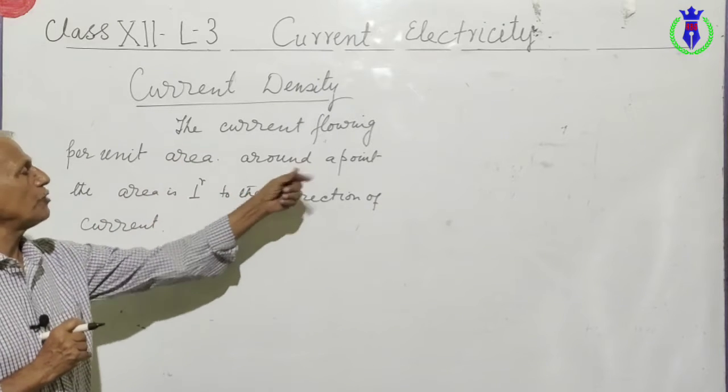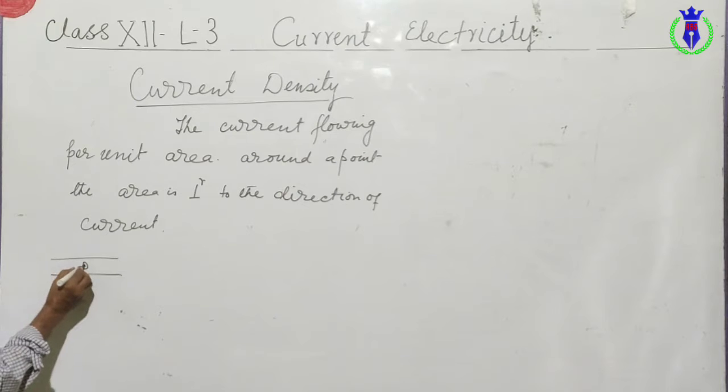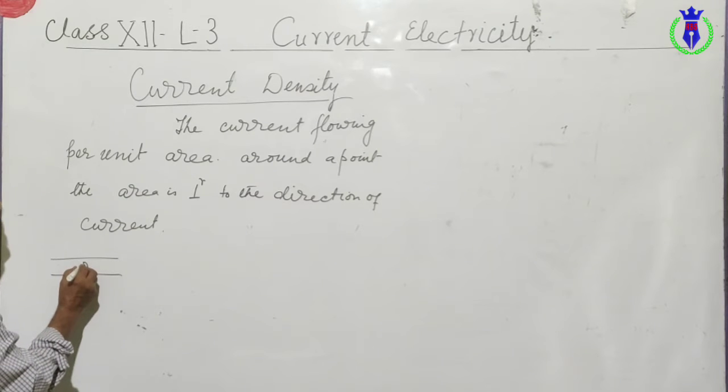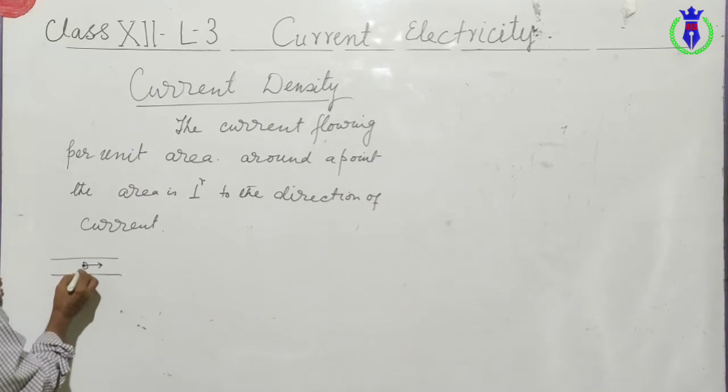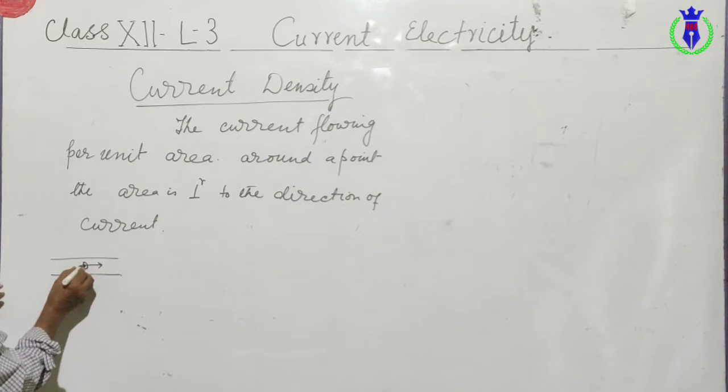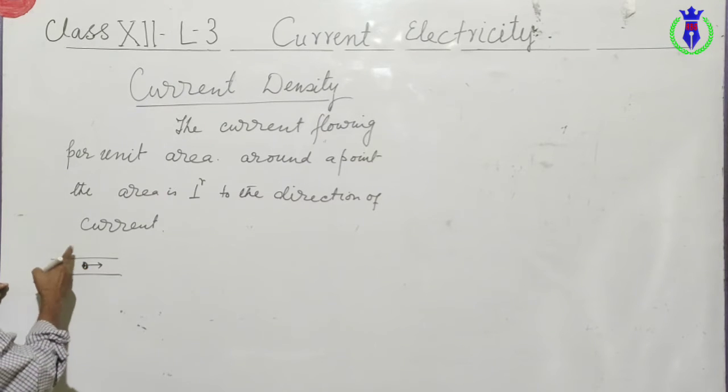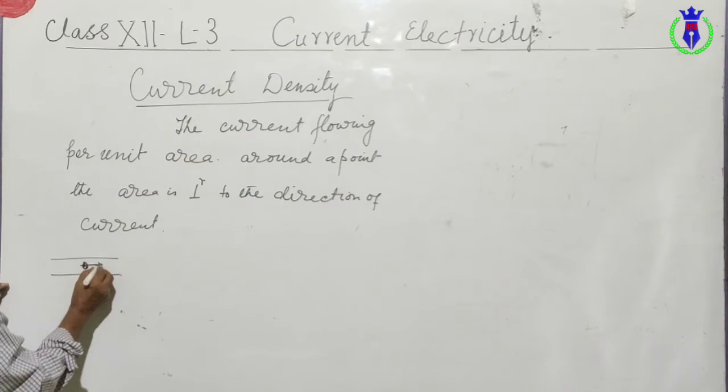Unit area around a point, जिस पॉइंट पर करंट डेंसिटी हम कंसिडर कर रहे हैं. Unit area around a point, the area is perpendicular to the direction of the current.